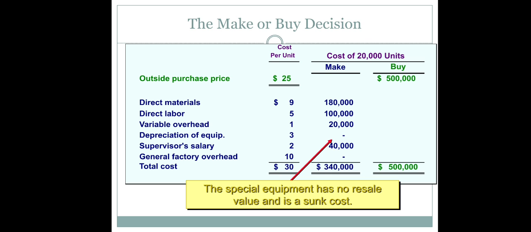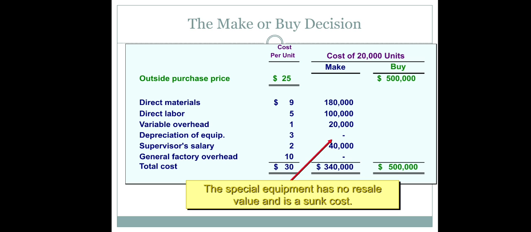Supervisor salary is a relevant cost because if the business is making the part 4A, the business has to pay the salary. But if the business stops making the part 4A or buys it from an outside supplier, then there is no need to pay the supervisor salary. The cost is $40,000.